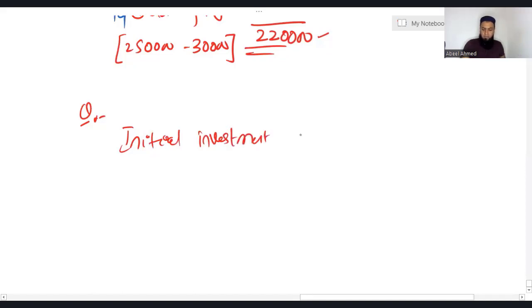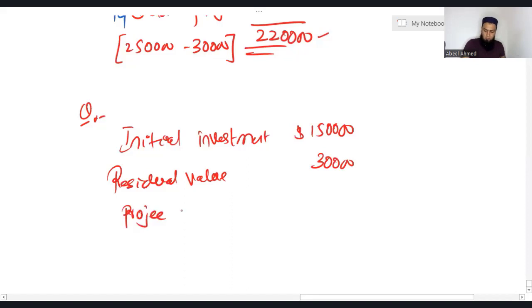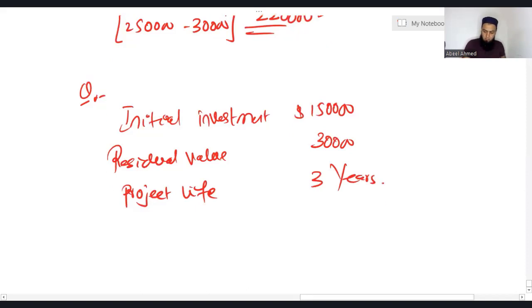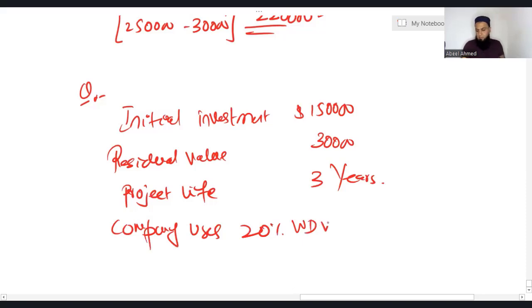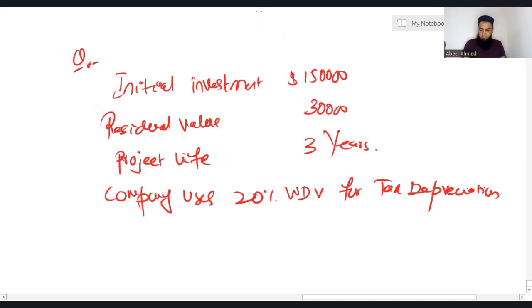Initial investment is 1,50,000. Residual value is 30,000. Project life is 3 years. Company uses 20% reducing balance for tax depreciation; tax depreciation is another name for the capital allowances.